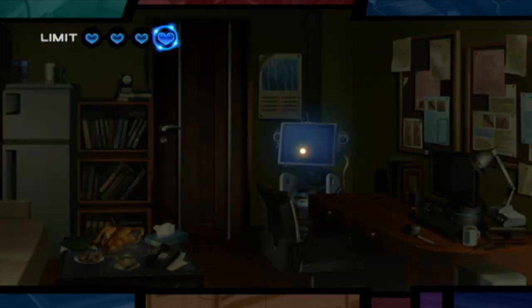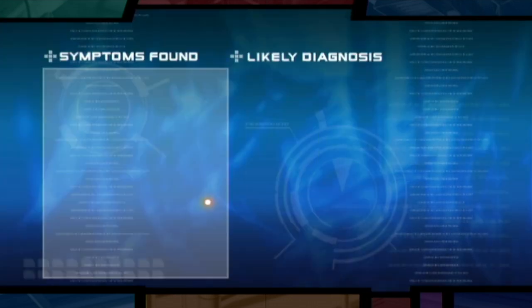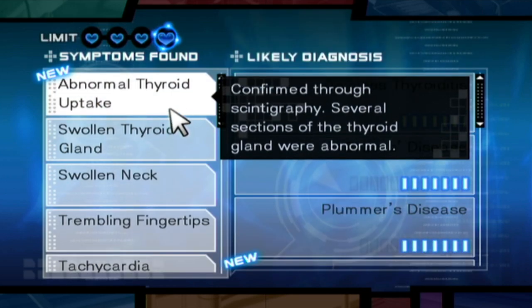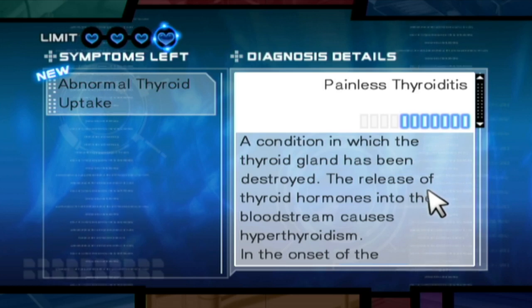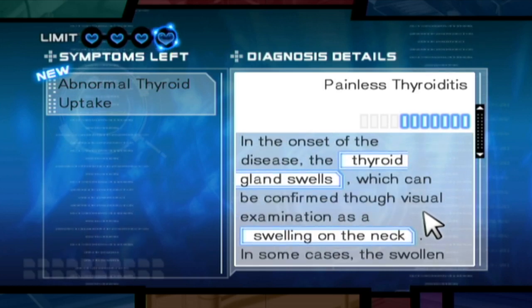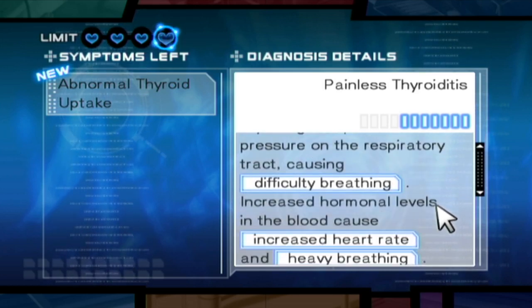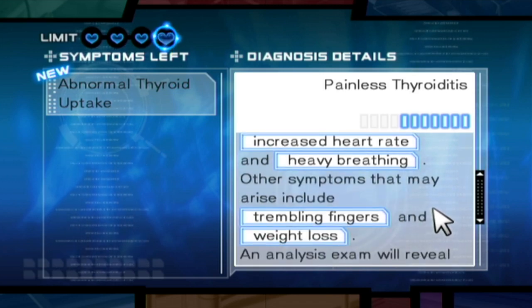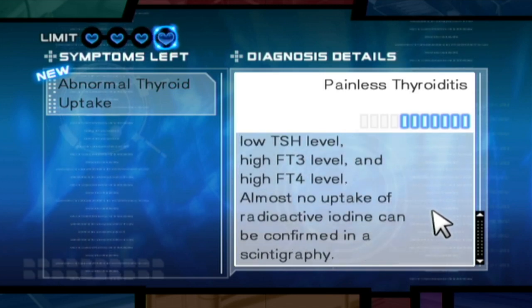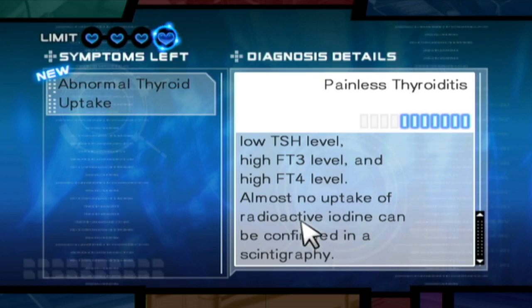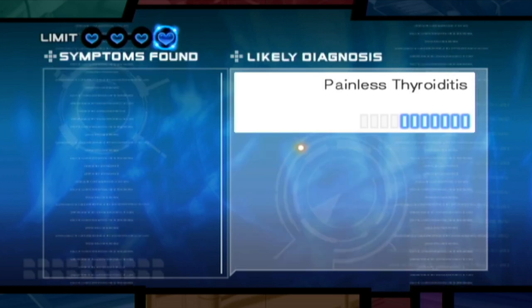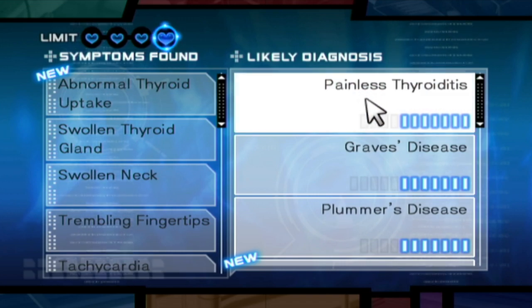Now we did get a new symptom, so abnormal thyroid uptake. So let's look at each one and see if we have abnormal thyroid uptake on them. Uptake. No uptake of radioactive iodine can be confirmed. And alright, so that tells you that it's not painless thyroiditis.